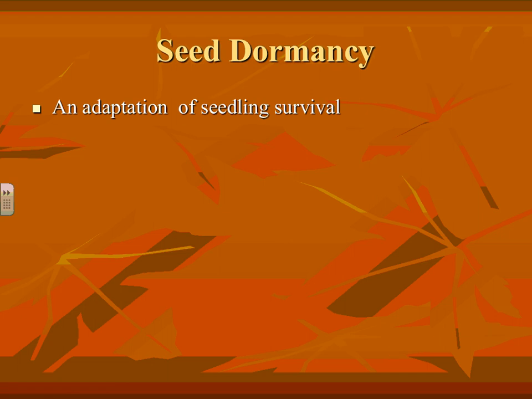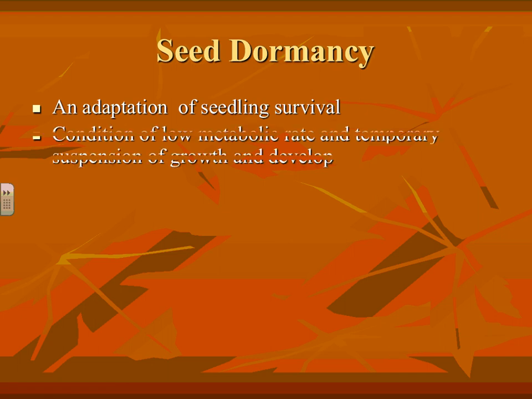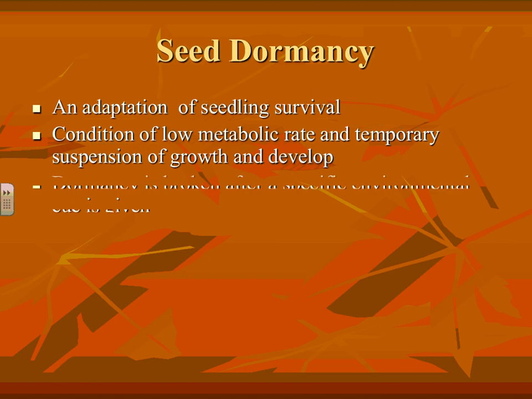Seed dormancy is an adaptation that some seeds have undergone to survive different conditions. Dormant means a condition of low metabolic rate, where things kind of slow down. They don't grow, they don't carry on photosynthesis, everything is on pause. Dormancy is broken after a specific environmental cue is given.